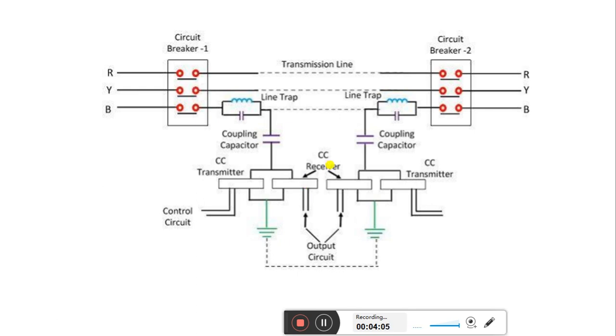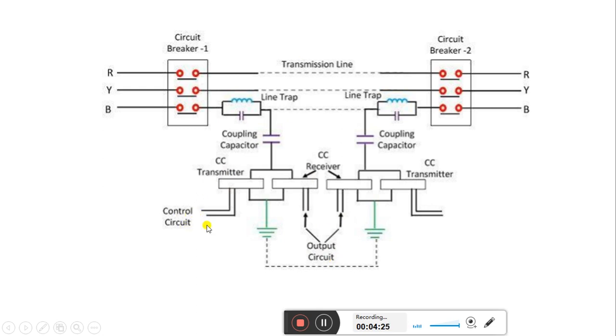So what is the purpose of the receiver? The receiver receives a high frequency signal and then converts it into an appropriate DC signal to provide for the working of the protection system, that is the output circuit side.